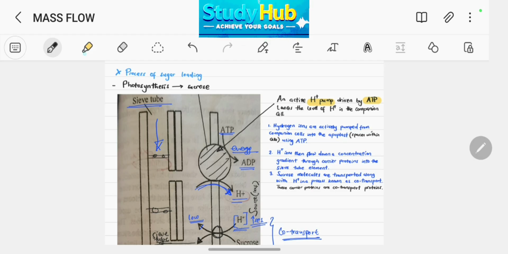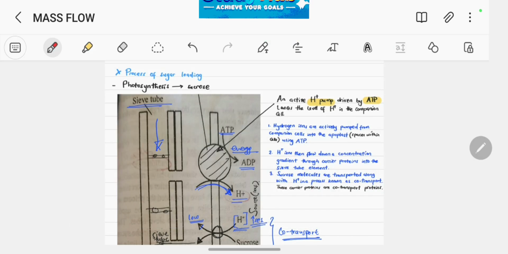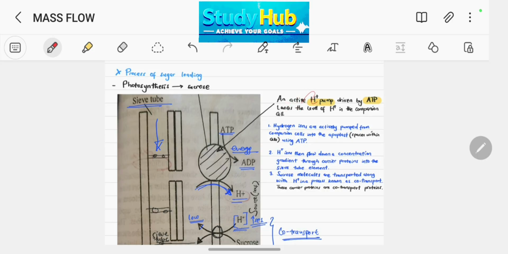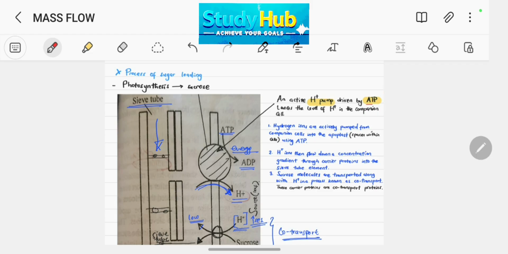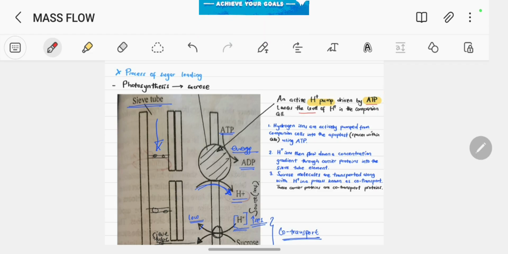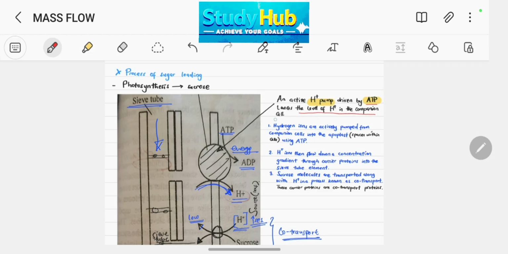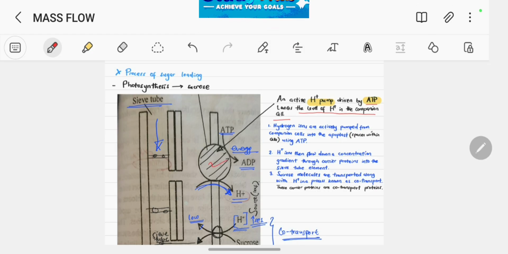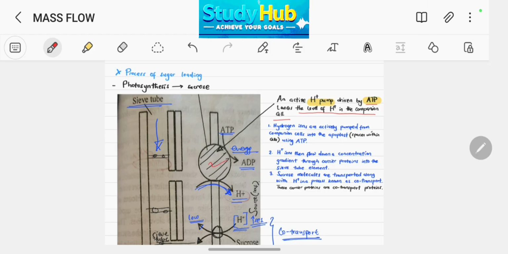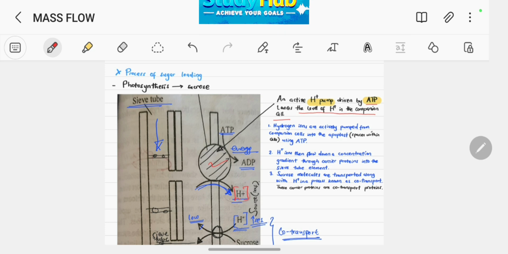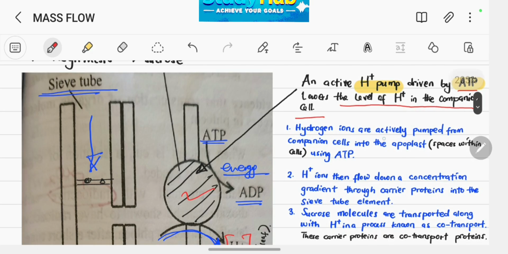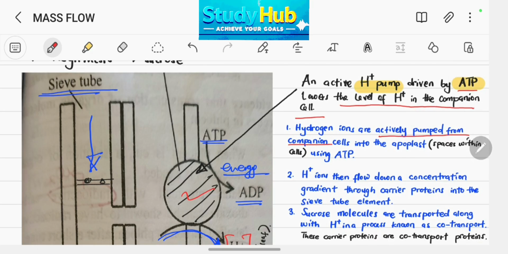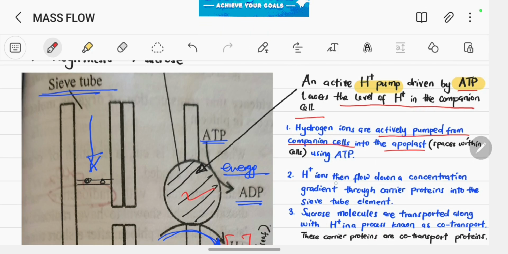So here we have an active hydrogen pump driven by ATP, which lowers the level of hydrogen ions in the companion cell. How is it lowering the levels of hydrogen ions? By pumping them outside. So the hydrogen ions are actively pumped from the companion cells into the apoplast.